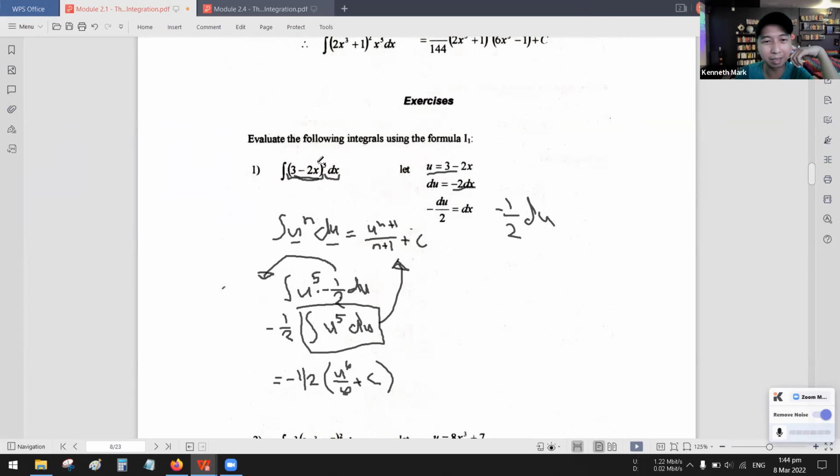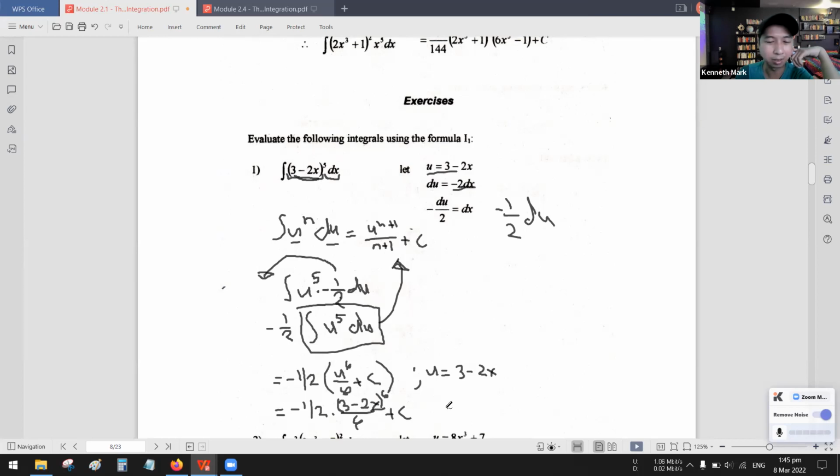Pero ano yung u natin? So, kailangan natin ibalik into x, variable sa original form. So, yung u natin dito is equal to 3 minus 2x. So, therefore, your final answer would be equal to negative 1/2 times (3 minus 2x) raised to 6 over 6, multiplied pa rin yan, plus c.